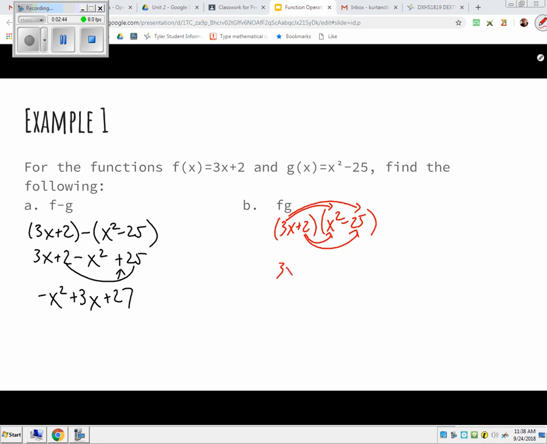And so once I do that, I get 3x squared minus 75x plus 2x squared. Uh-oh, little mistake right there. 3x cubed up front, my bad. And then minus 50. I'd probably accept that, but man, it just looks so much better being in this descending order. So I really like this answer.